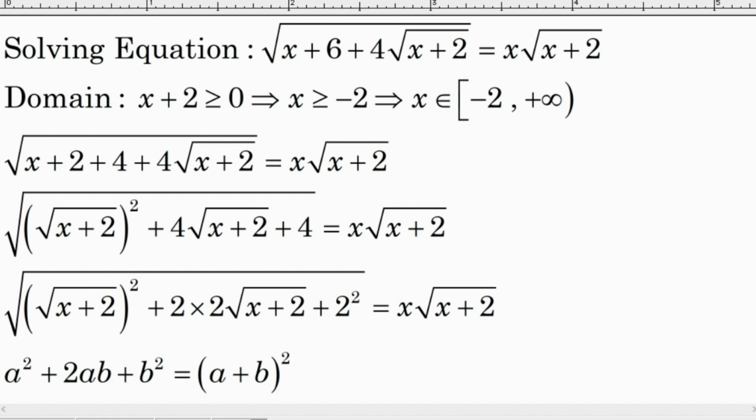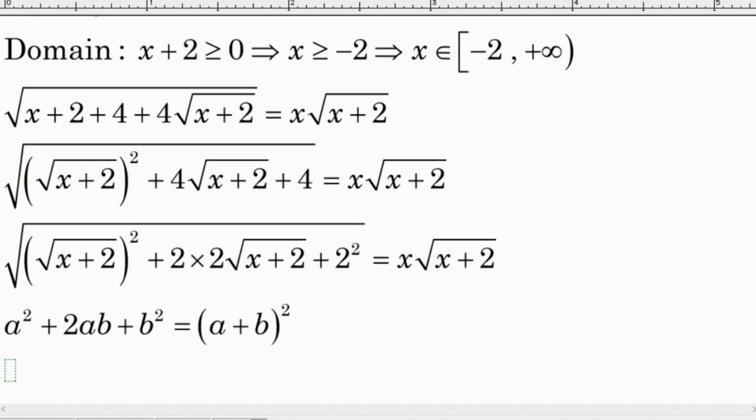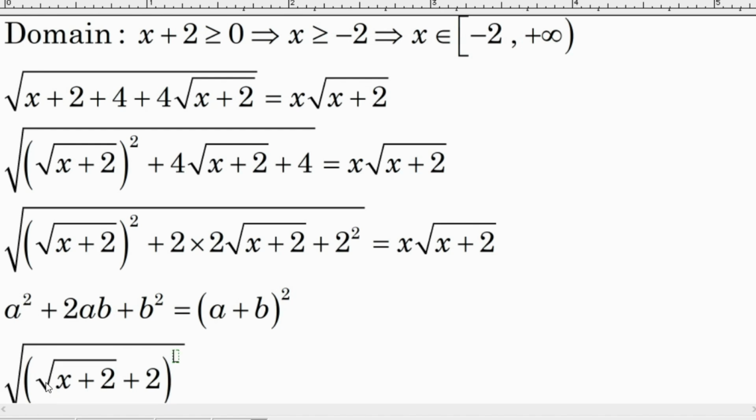So now we will be using this formula. When we have a square and a square root, we can simplify them. This part stands for a and 2 stands for b, so we get (square root of x plus 2 plus 2) all raised to square, equal to x square root of x plus 2.